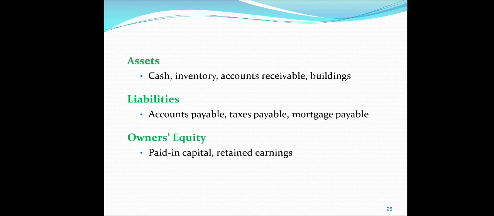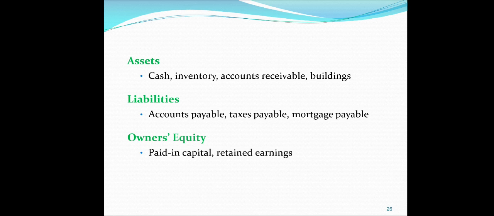Okay, so the second element of accounting is called liabilities. The simple definition of liabilities is obligations. Obligation means something that a business will have to pay in the future.